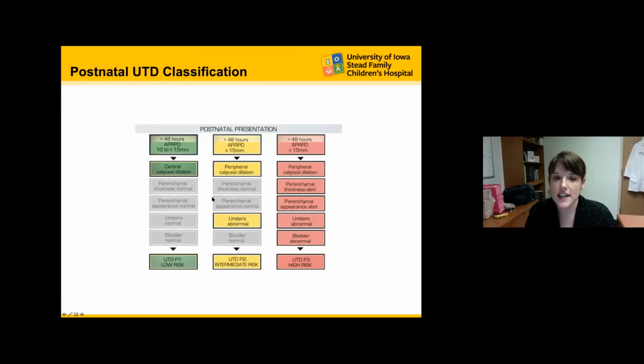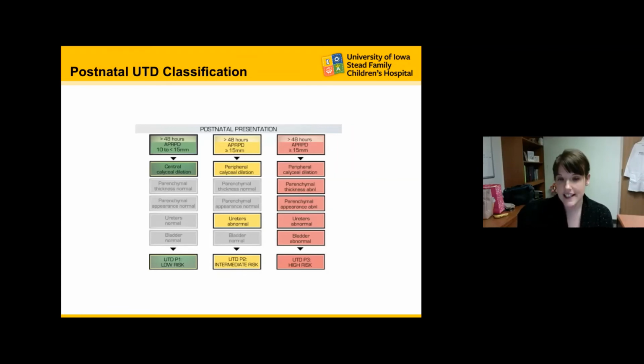So as you'll see here, the poor prognostic factors automatically put you into the next category. You could have an anterior posterior diameter of less than 10 millimeters after birth, but have an abnormal ureter, and that automatically puts you into that high risk category.